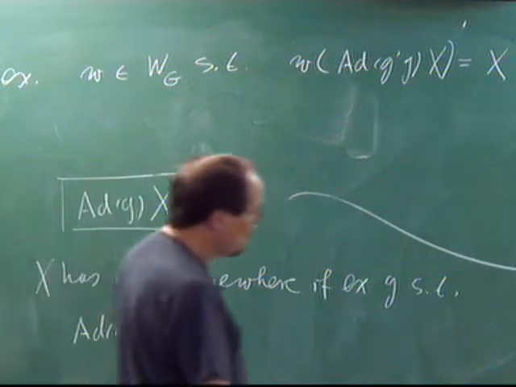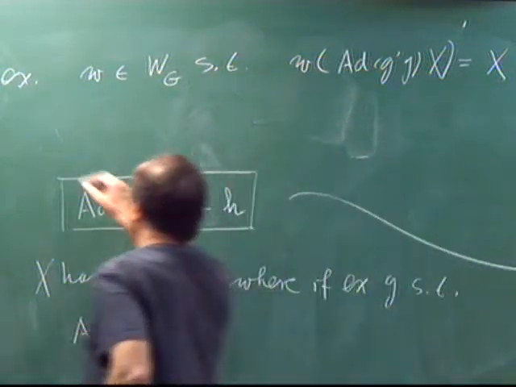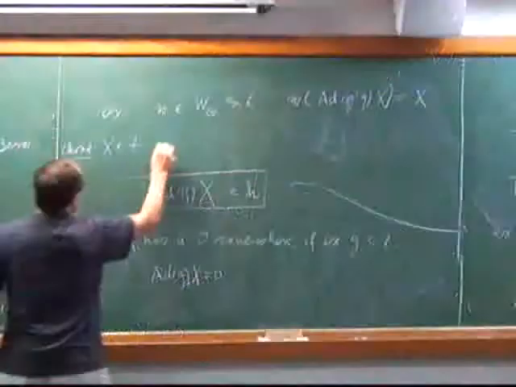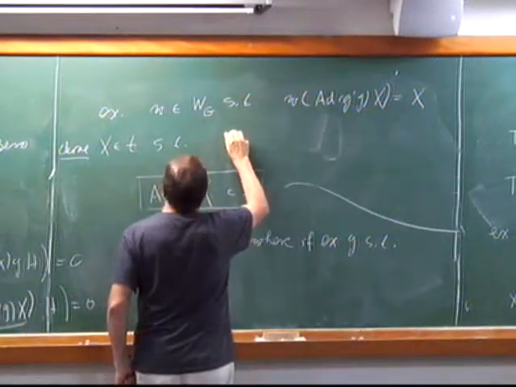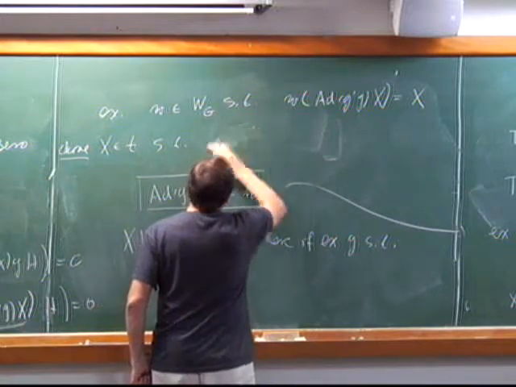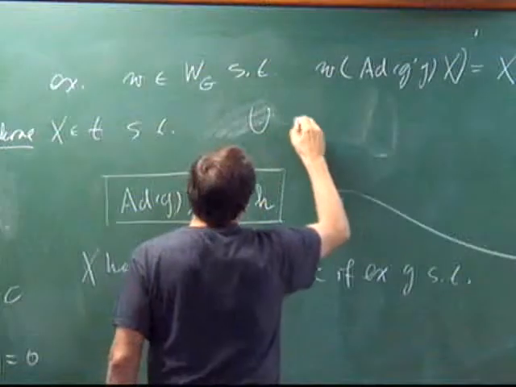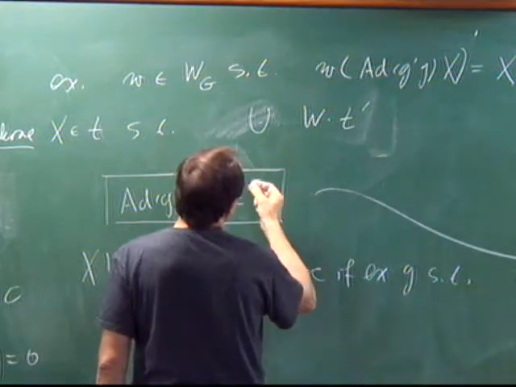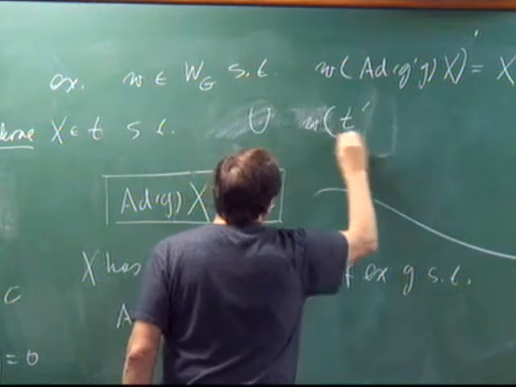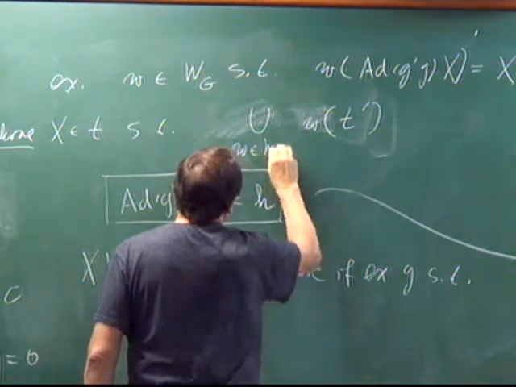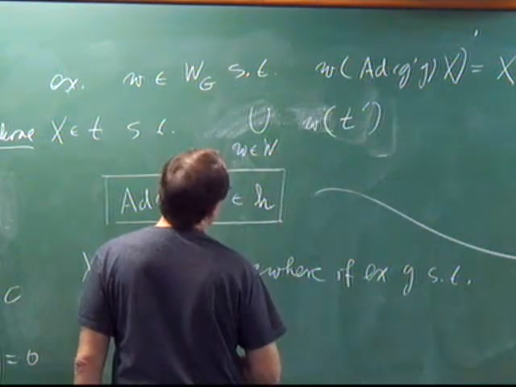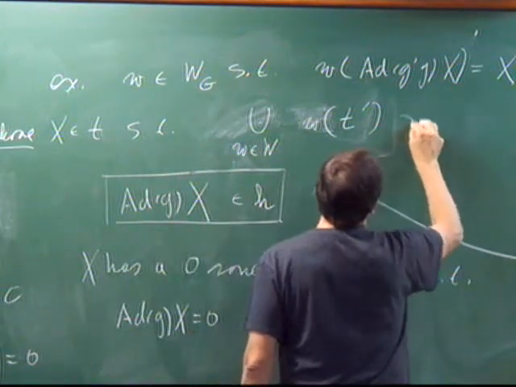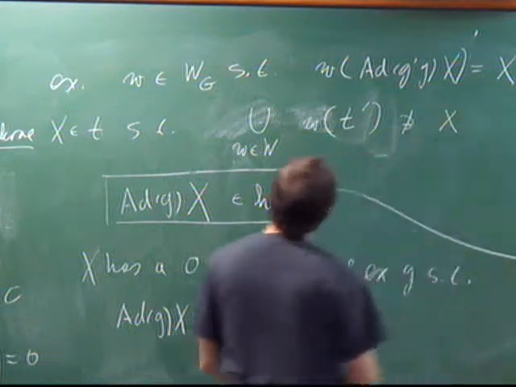So what I do is I choose an X in T such that, if I look at the union of the Weyl group elements times T prime, X does not lie in that, so it's not an element of the space.